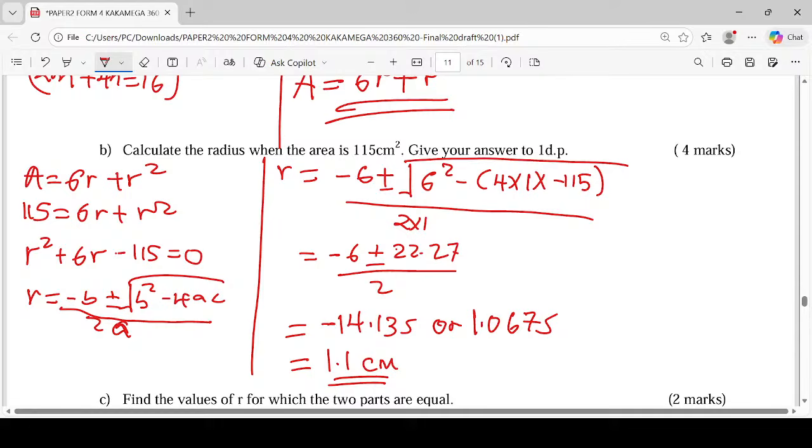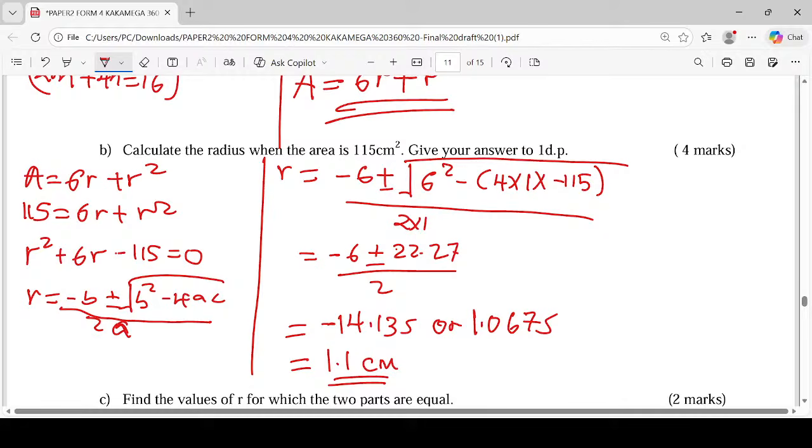The value of b is 6, so that is okay. There is something not syncing well here.